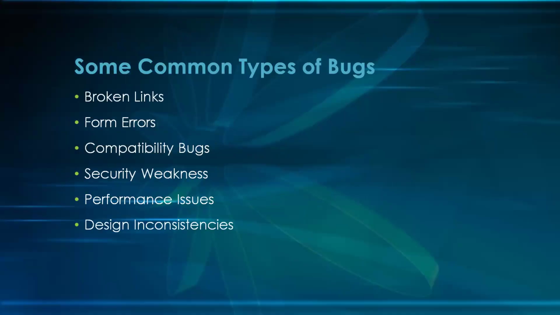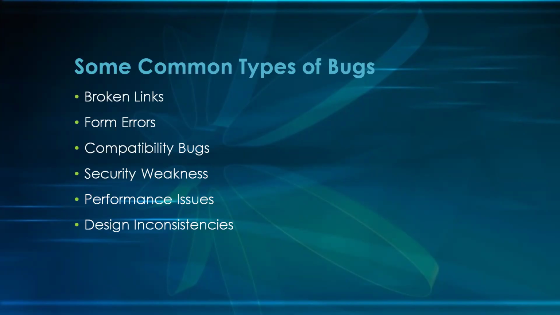So some common types of bugs that we could come across. I just thought to highlight these amongst others. So for us to have a basic idea, these are some of the things you will come across, and you might have come across them. And just because you are not a professional tester, you might not really know that this is a bug. So we have broken links.